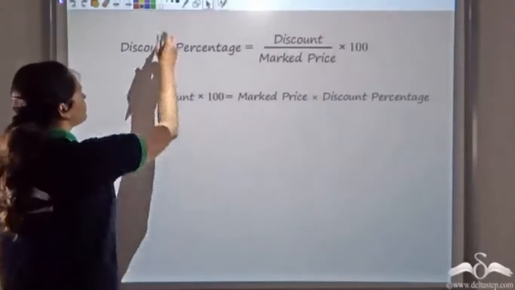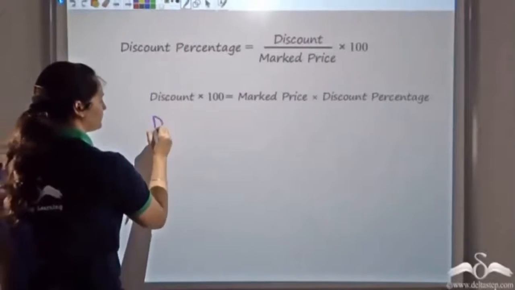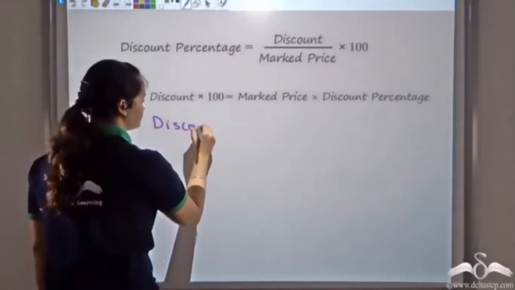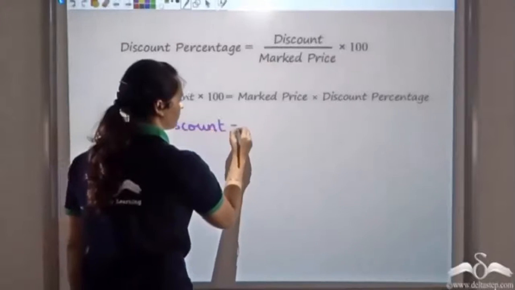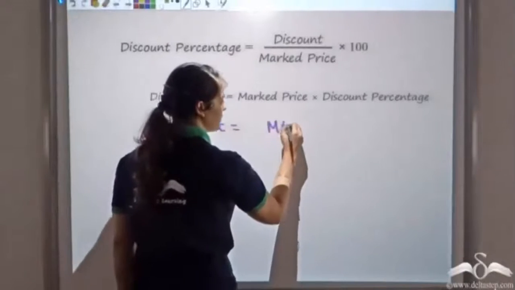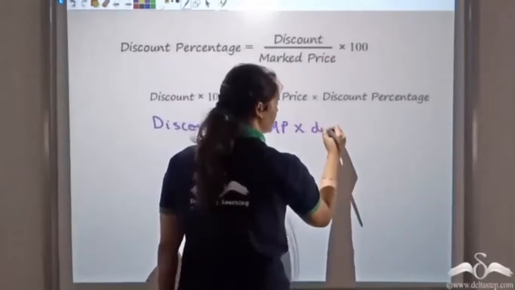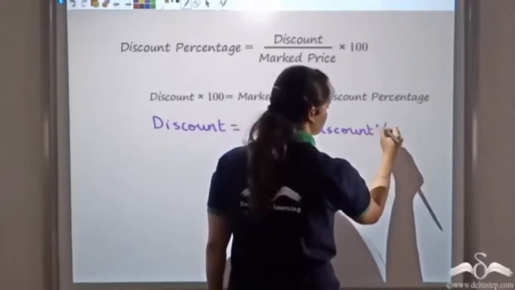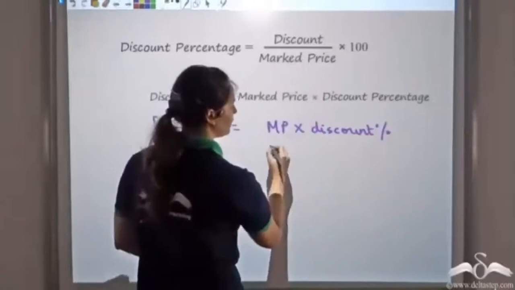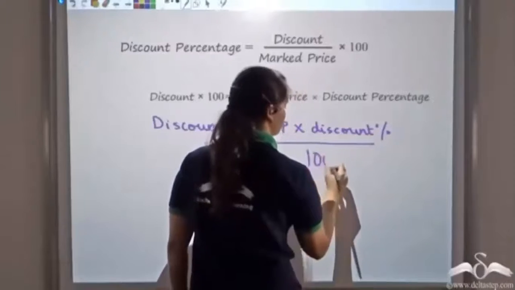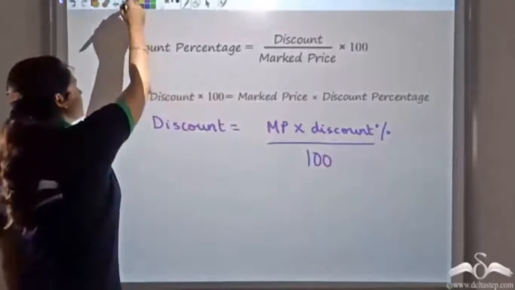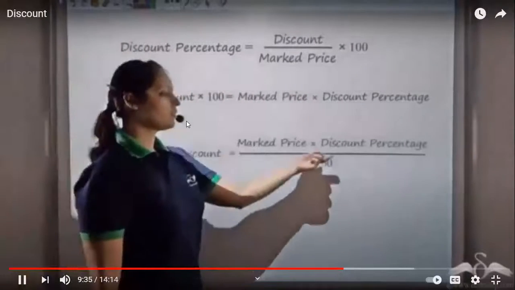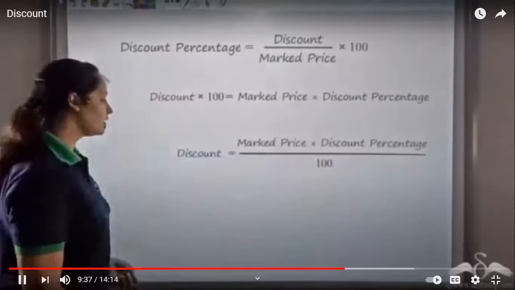So discount would be marked price into discount percentage divided by 100.